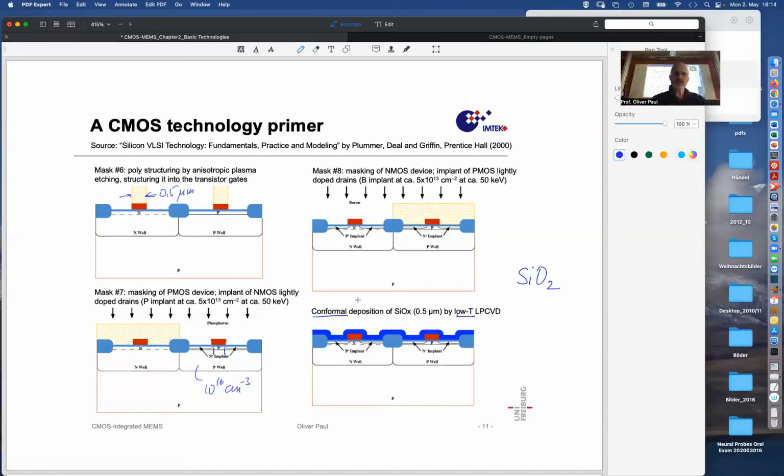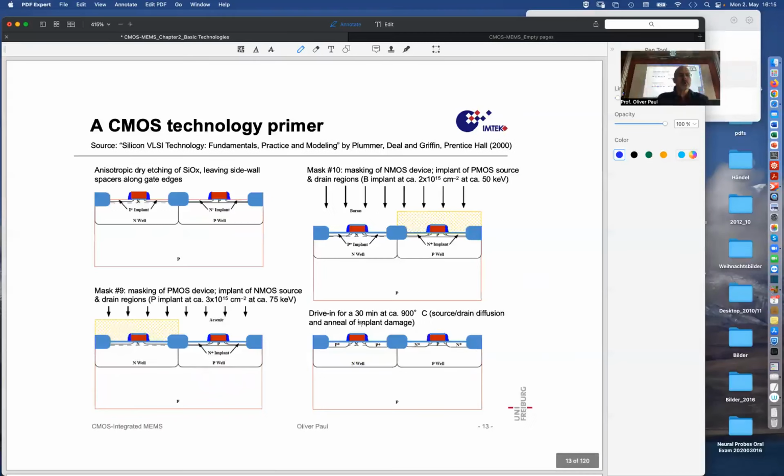But in these processes with enough gas and enough diffusive component, you can achieve a so-called conformal deposition. And we will see that this is an important step because it allows us to do a structuring that does not require a photomask. It is so-called self-aligned. And we'll see that on the next slide.